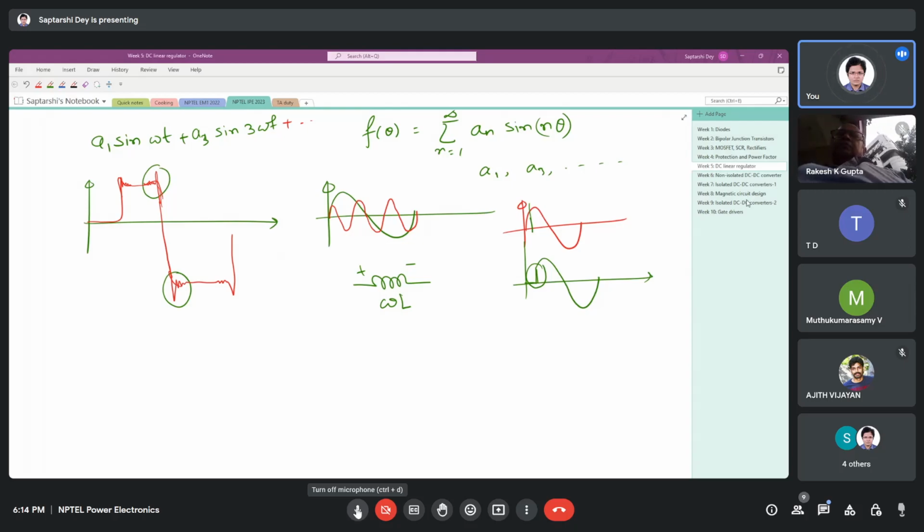Other doubts? Sir, actually, this is regarding capacitors.